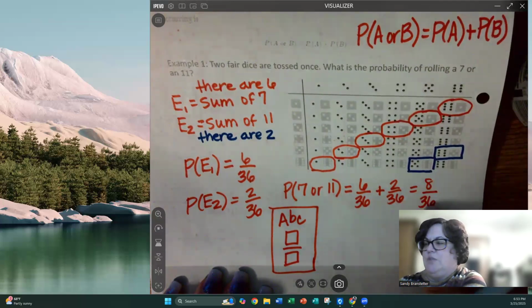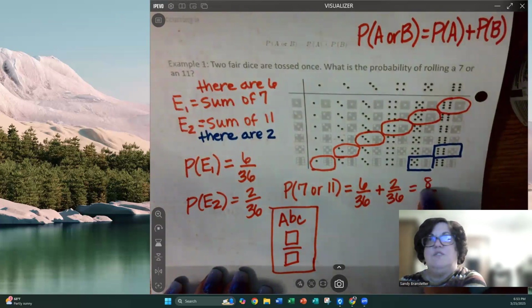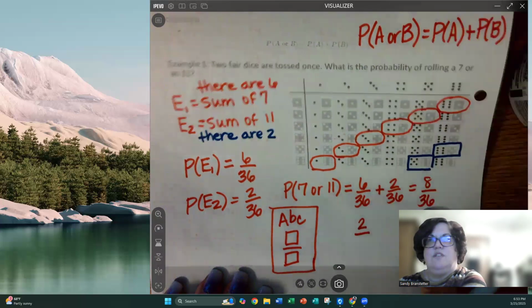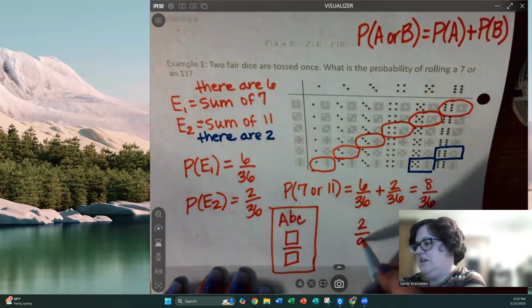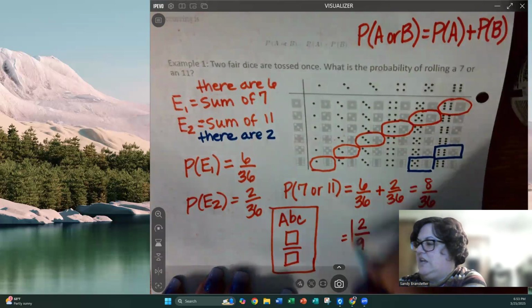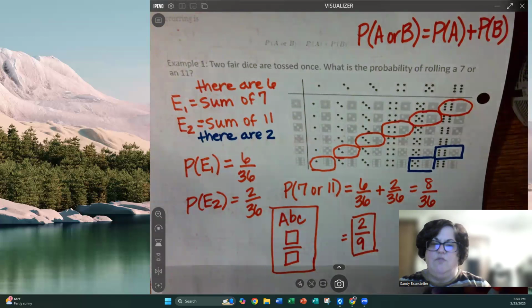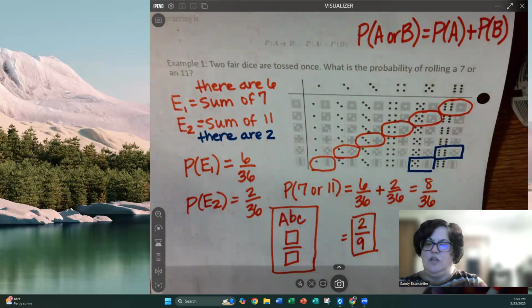Both of them will divide by 4. So 4 goes into 8 twice. 4 goes into 36 9 times. Again, if you have that button on your calculator, it will simplify your fractions for you.